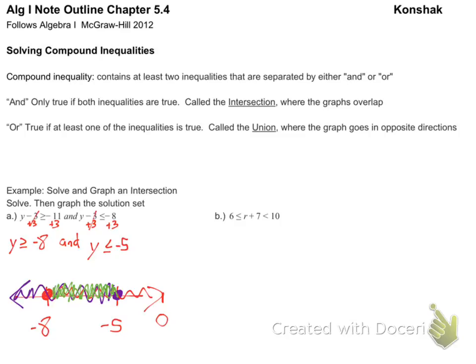So how can I make r plus 7 to be r? Subtract 7. What I do to the middle, I do to the ends. And so r is in the middle with the greater than or equal to. There's a less than or equal to, and then a less than on the other side. What is 6 minus 7? -1. What's 10 minus 7?